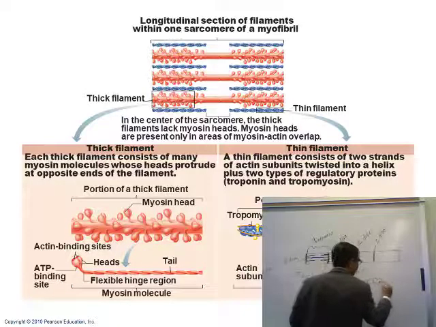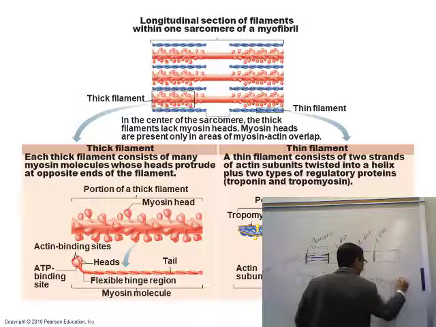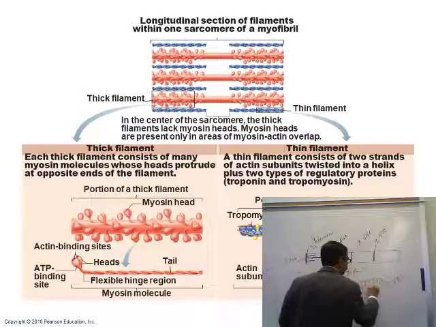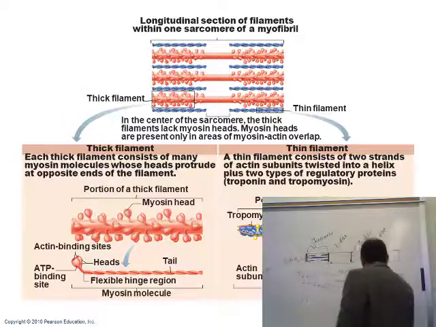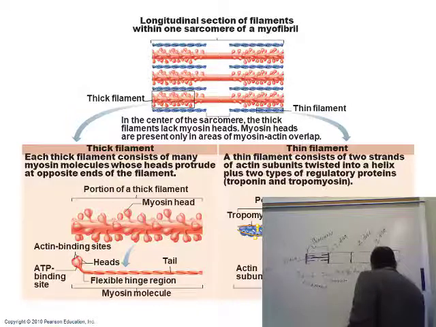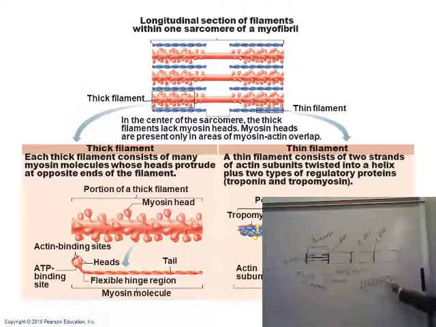We'll see how. If you see first the structure of a thin filament under a very powerful microscope, you can see that a thin filament consists of two chains. So each thin filament consists of two chains. How many chains?